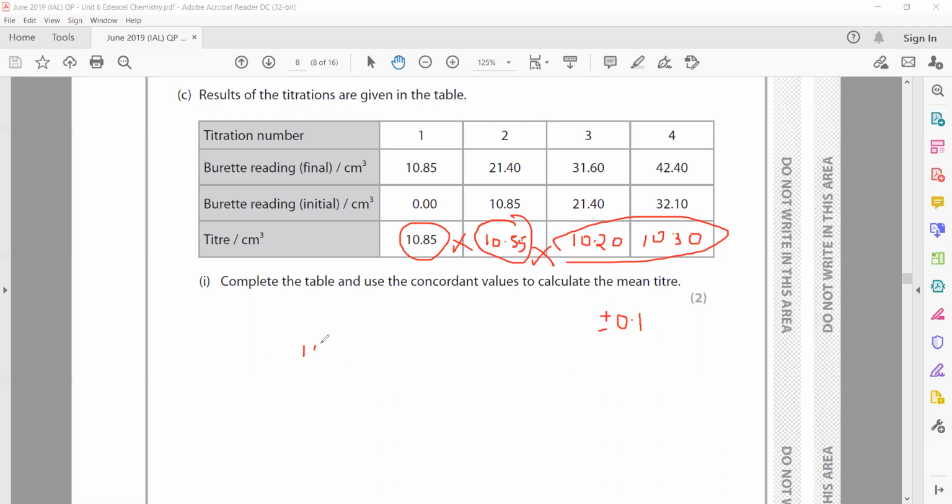So we'll take only these two values to take an average, and neglect the others, because the first value is normally a range finder, and the second value maybe the student overshot or added too much, more than enough. So 10.25 will be the average value.